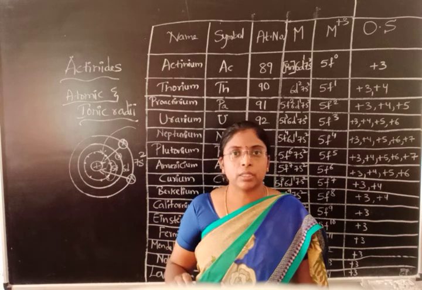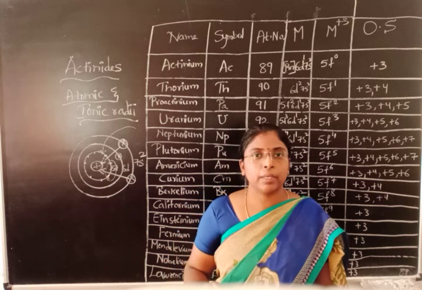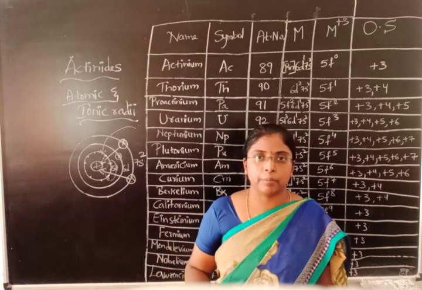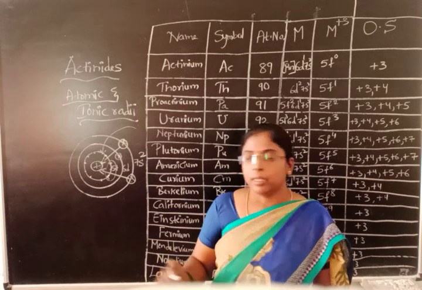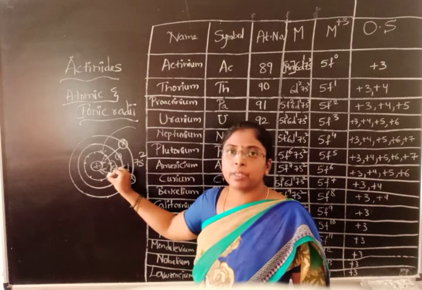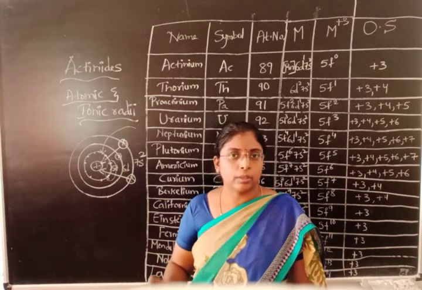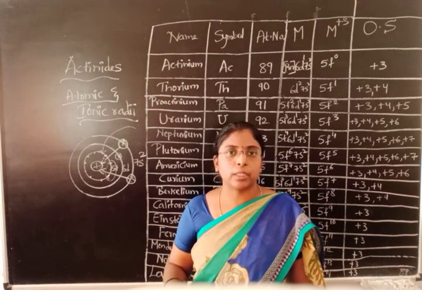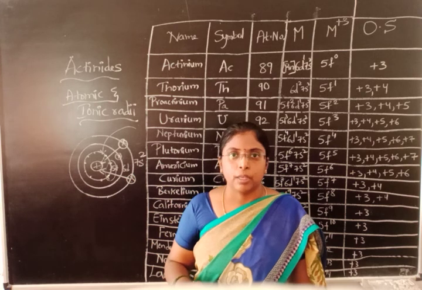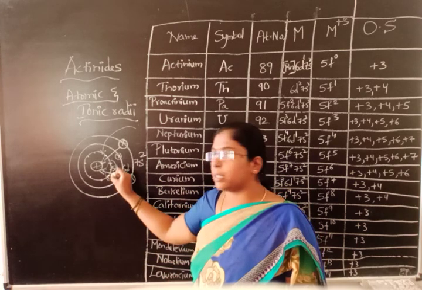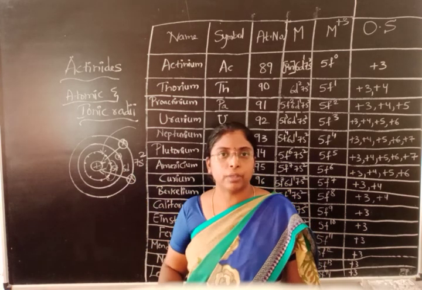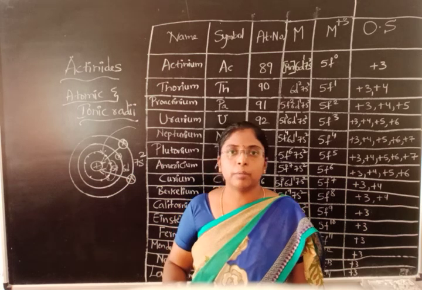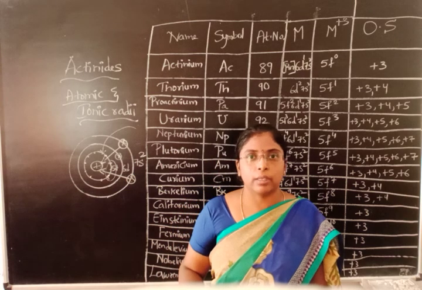Actinoid elements are much smaller in size than the lanthanide elements, because the poor shielding effect exhibited by 5f electrons is much more than that of 4f. Due to the poorer shielding effect of 5f electrons than 4f, the actinoid elements are smaller in size.